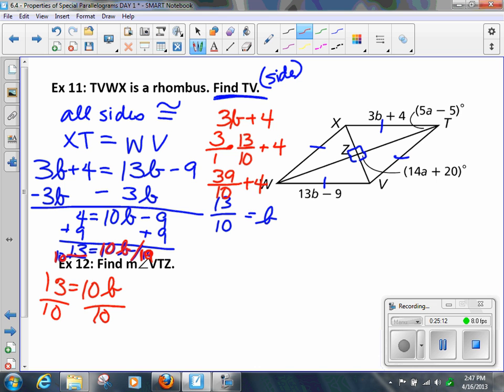I'm dividing both sides by 10. That means B is 13 over 10, right? Okay. It's 39/10 plus 4. You guys have got a calculator. I don't. Throw that in the calculator math bracket and tell me what you get.